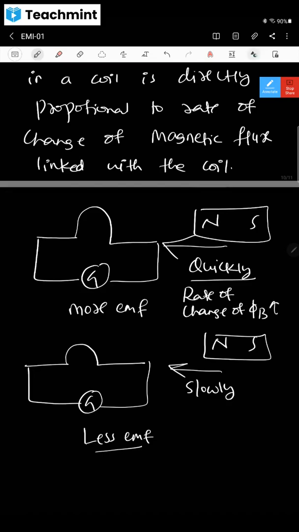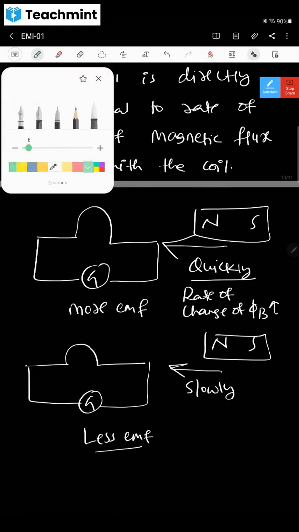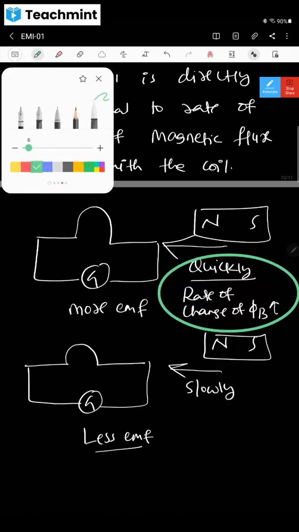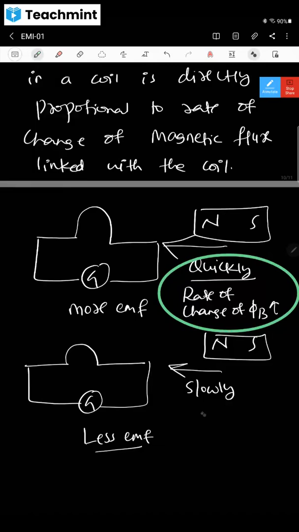Moving slowly means the rate of change of magnetic flux is less, correct? So please write all of this down. If the rate of change of magnetic flux is less, that means less EMF.